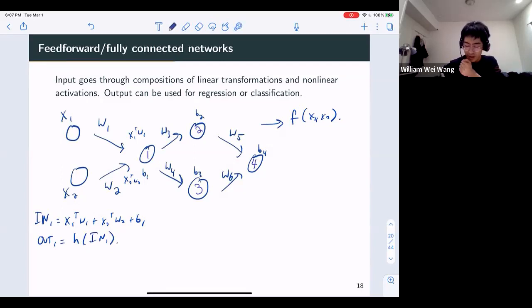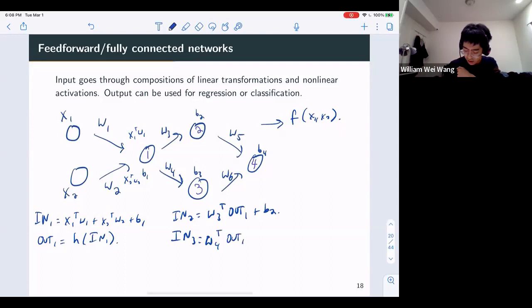Then if I want to compute the input to neuron 2, that's W3 times the output of neuron 1 plus this bias term as well. You can say a similar thing for input 3, which is W4 transpose output 1 plus B3.